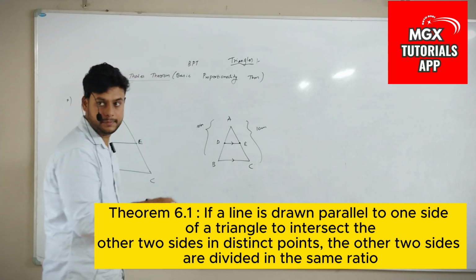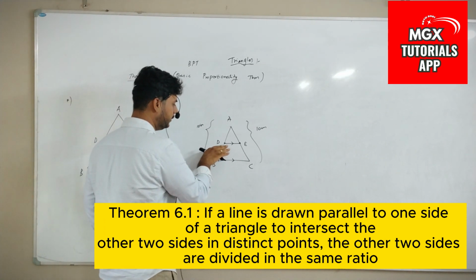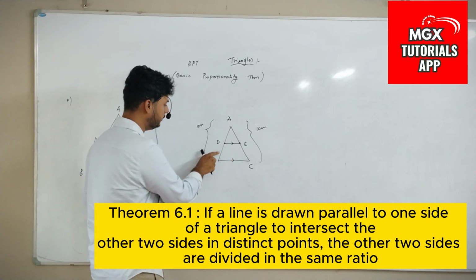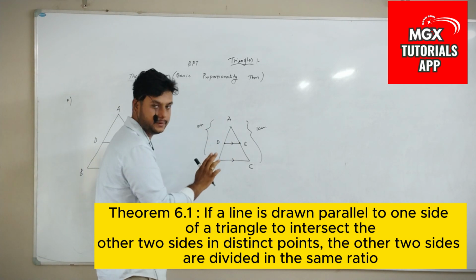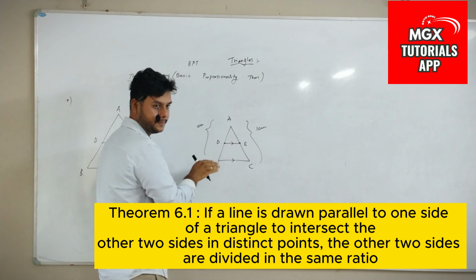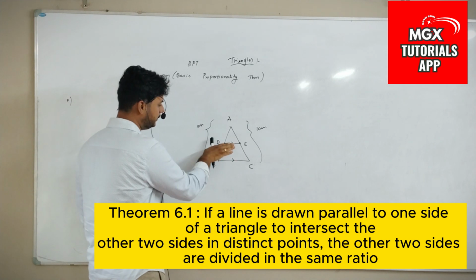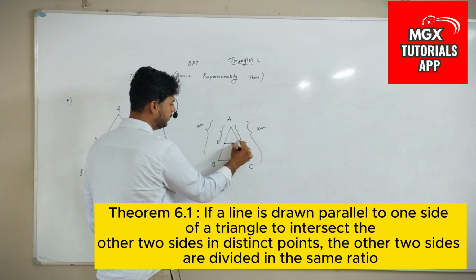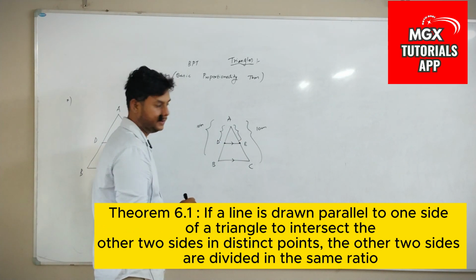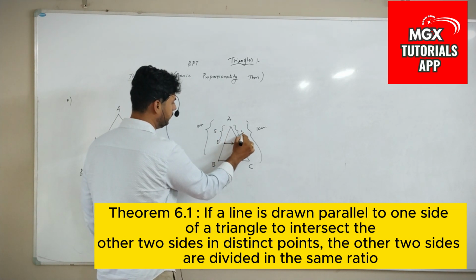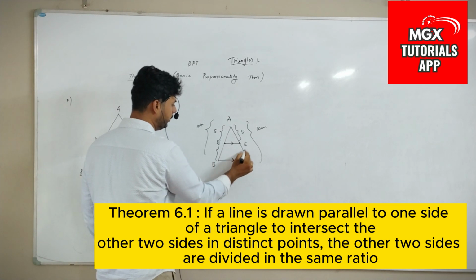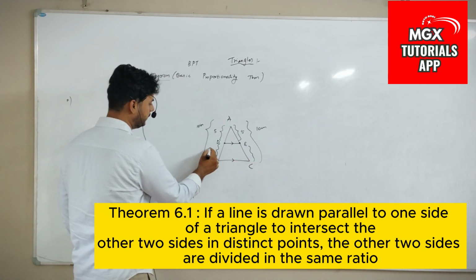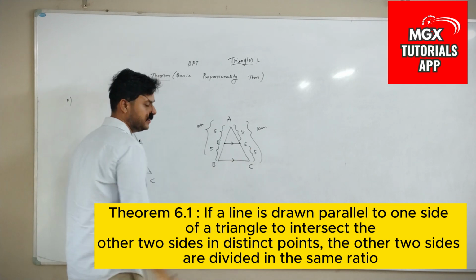Then AD will be equal to AE. If this is 5 centimeter, this also will be 5 centimeter. Then DB will be equal to EC.